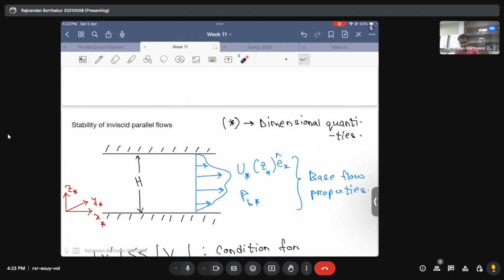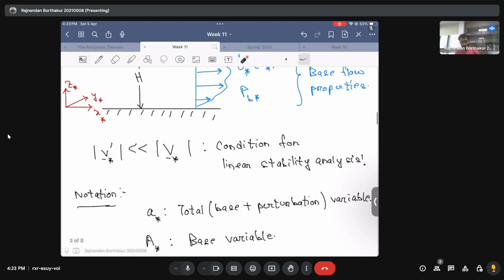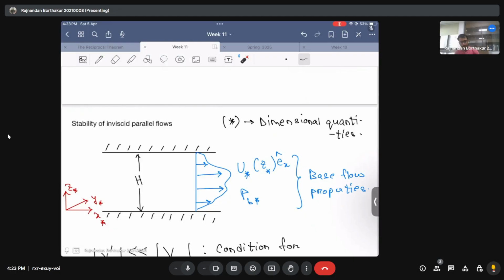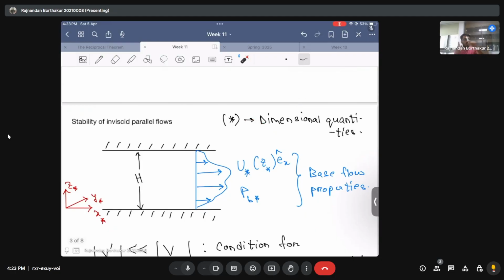For instance, if I walk along the x direction, I do not see a change in the base flow, so I choose normal mode in the x direction, which is represented by the wave number k, because my base flow is not changing in the x direction.